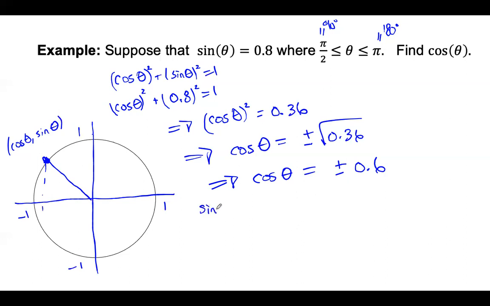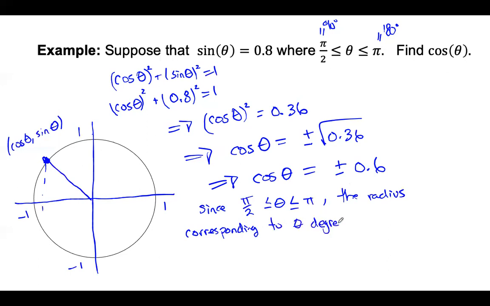So let's just write that down. Since pi divided by 2 is less than theta is less than or equal to pi, the radius corresponding to theta degrees must be in that second quadrant, because this is like first, second, third, fourth.